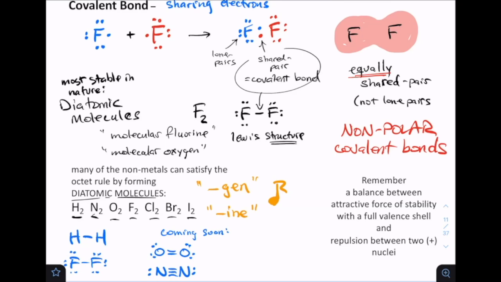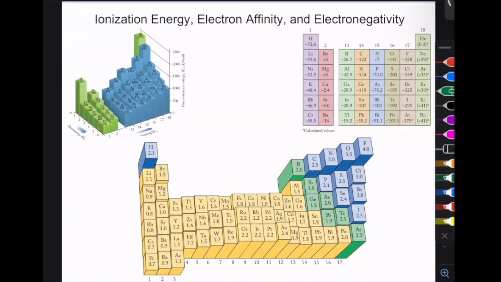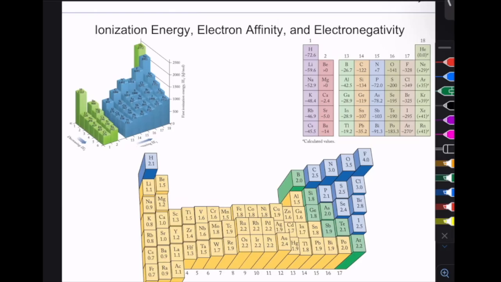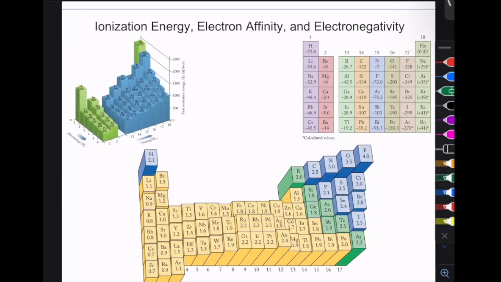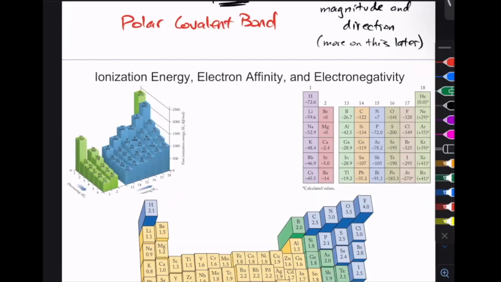So to describe that, let me just use this slide, because this has some stuff on it that you're already seeing from chapter 3. Electronegativity, by definition, is simply the tendency to attract the electrons in a shared covalent bond.